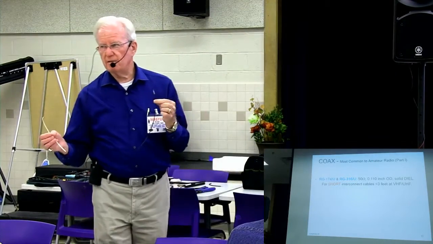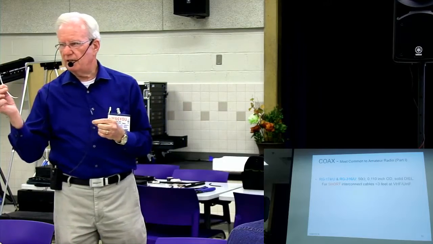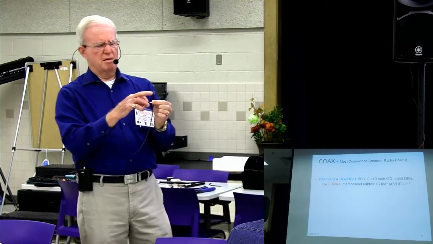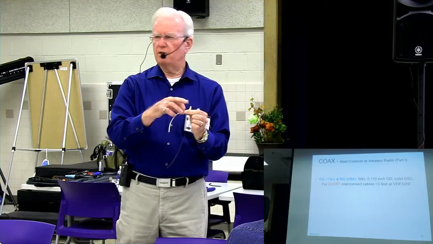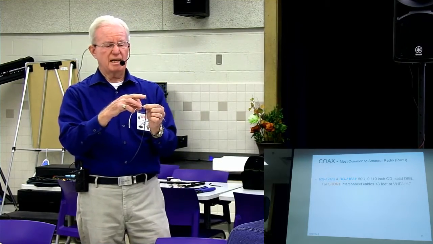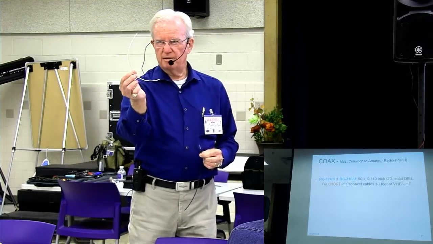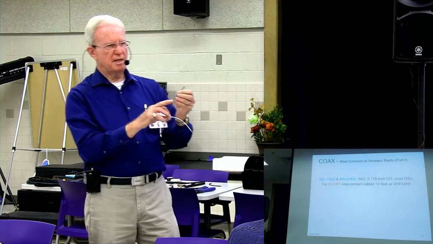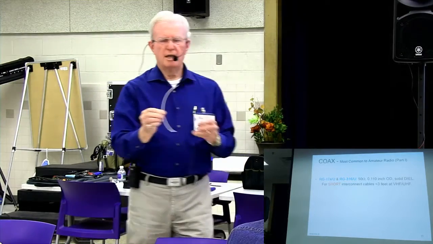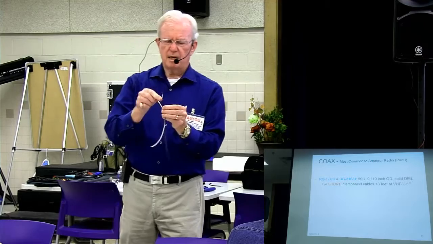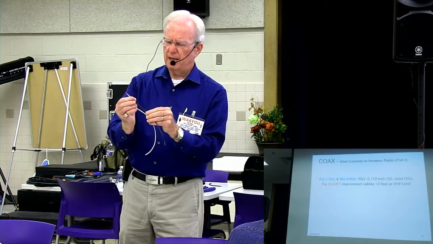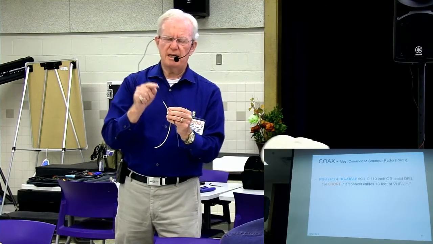Now we have a military RG174 called RG316. The dielectric here is PVC or polyethylene. This is Teflon. The jacket here is PVC. This is Teflon. A lot of times the stuff that I've bought in the past, the RG174, the braid is not tinned.